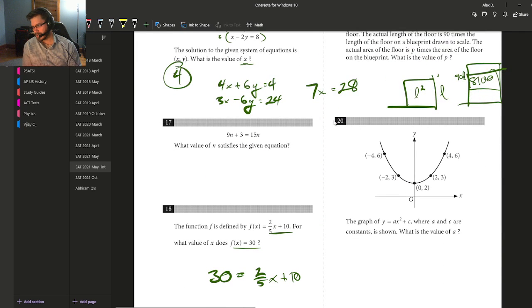I think I have an answer key to this. Quadratic function, a and c are constants. What is the value of a? Okay, cool. They've been testing this a little bit more frequently. I think all of the 2020 exams had this, maybe some of the 2021 exams, where they're testing the rate of growth on a quadratic.